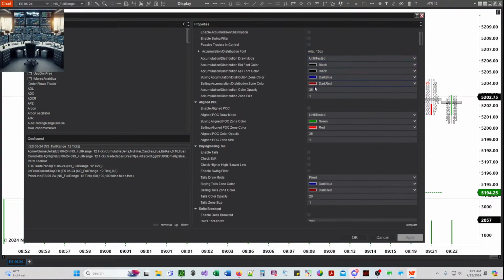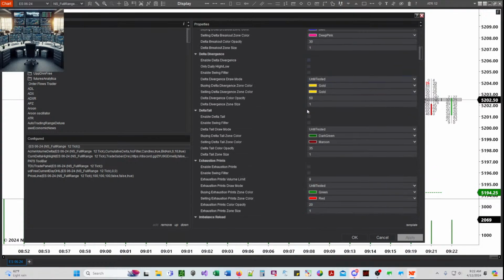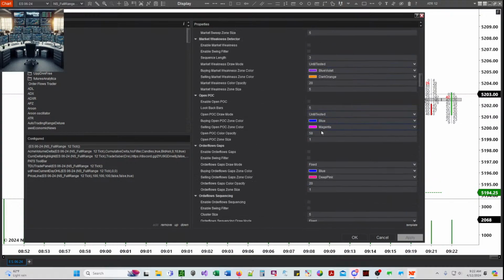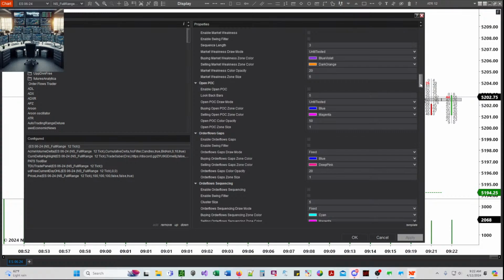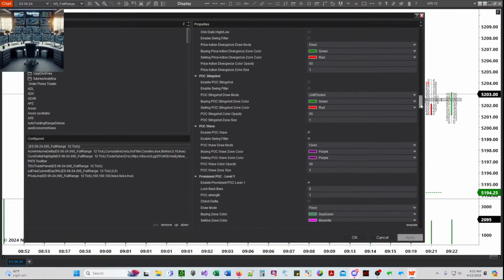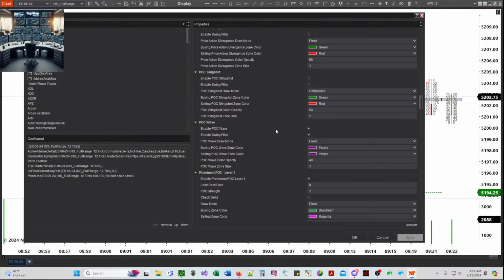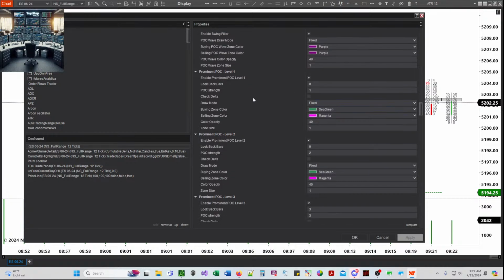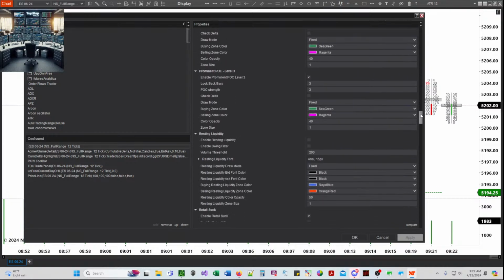You can see I unchecked a lot of stuff, and I started off exactly how I told you guys I like to start off anyway. I basically unchecked everything, and right now I have only a few things checked. There are a couple of other things I'm going to check, but I'm going to start checking them a little bit at a time as I get used to seeing certain things.